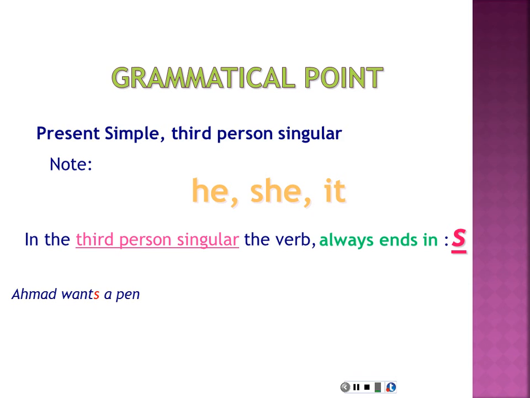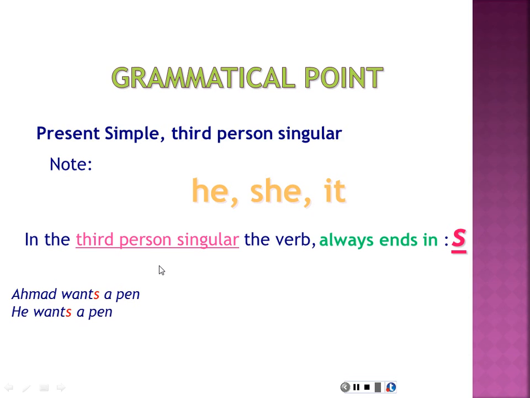So, for example, Ahmed wants a pen. This is the first example. As you can see, Ahmed is a singular, one person, and he is third person because he is not here. Third person, person number 3, هو غائب, غير موجود. Ahmed wants a pen. Ahmed يريد قلما. So this is the first example.